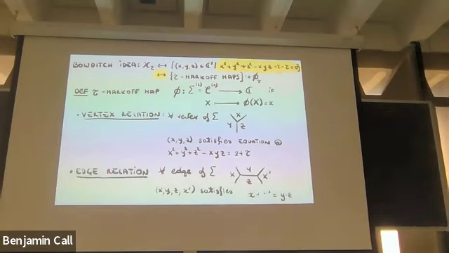And then for every edge, the equation that the edge satisfies is given again by this equation, because if you look at this equation and you fix y and z, this is a quadratic equation in x.